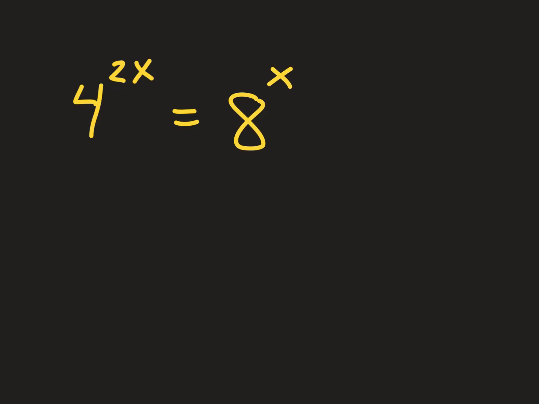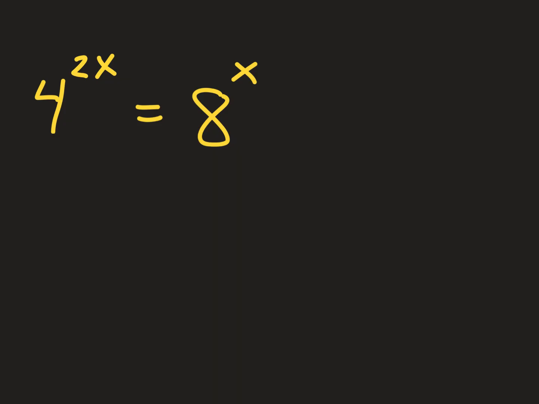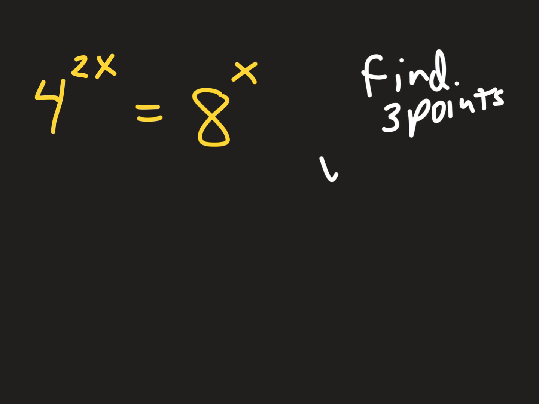Because you can't just change the 4 to an 8. You can't just change the 8 to a 4. So make them both have different bases. And then on this one, I'd like you to find 3 points on the graph of four times 1/2 to the x.